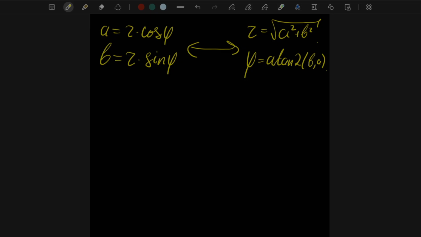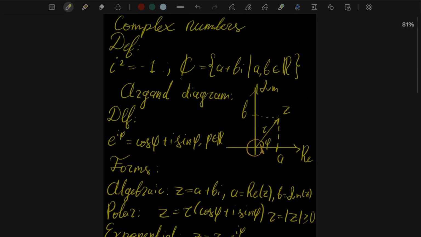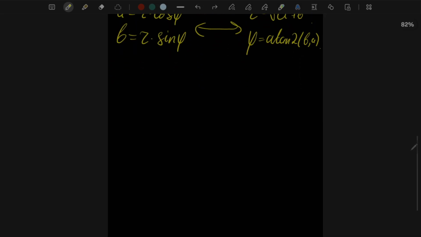Next thing that I would like to tell you is that the set of complex numbers is indeed a field. So let's quickly prove it.